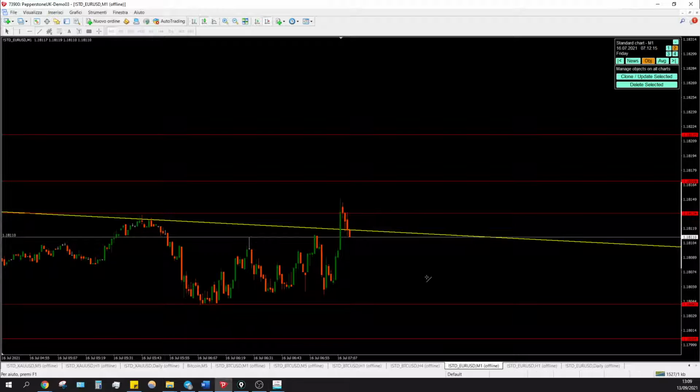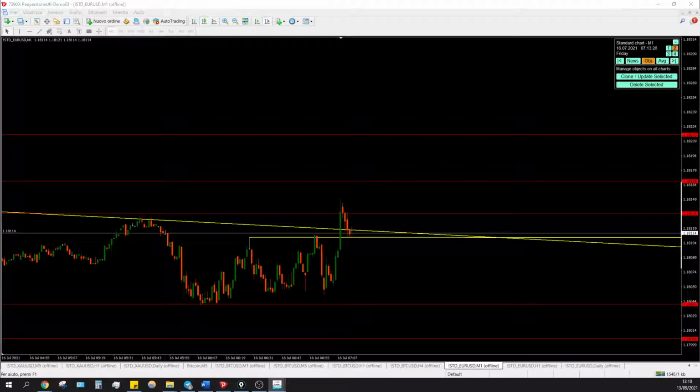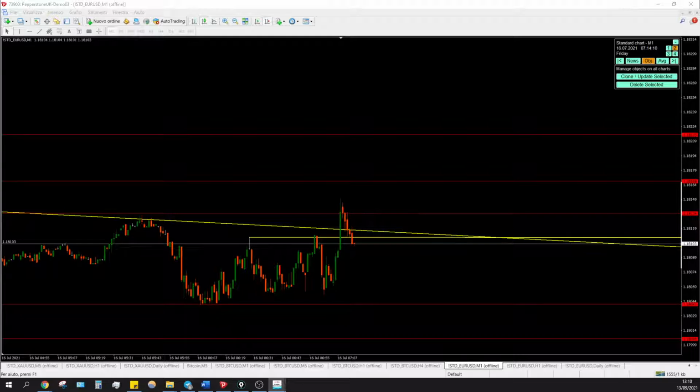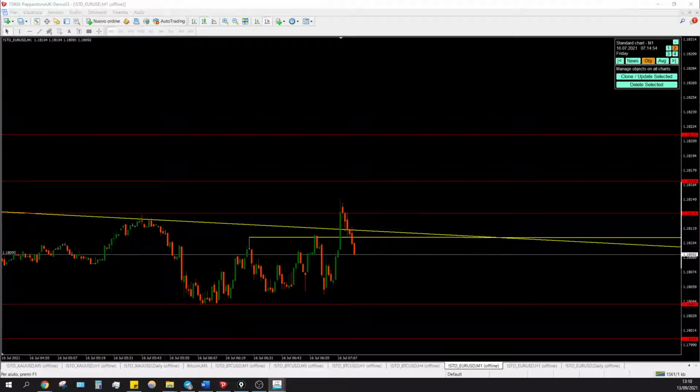Let me put it here. Okay, looks like now it's breaking below, so we got a full correction of the move.